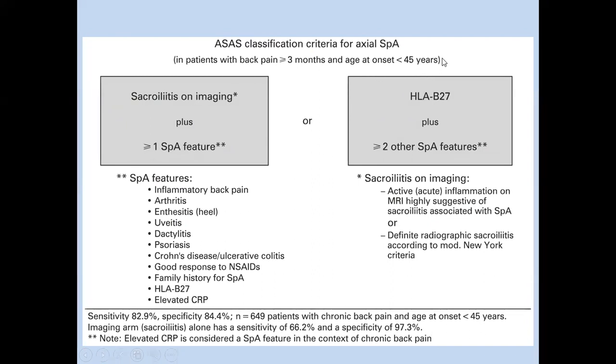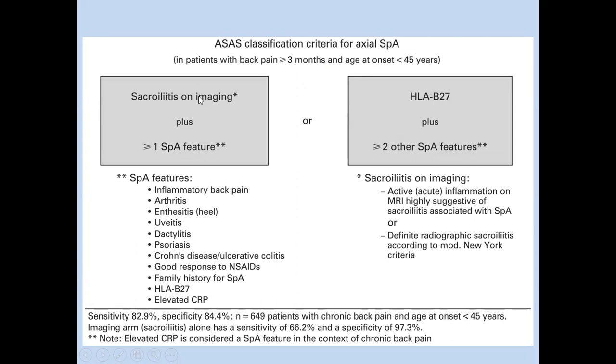So what do we have? A patient who is under the age of 45 with inflammatory back pain for more than 3 months. There are two pathways to address this situation. You either go down the imaging pathway or the HLA-B27 pathway.